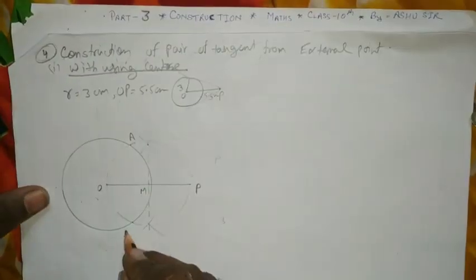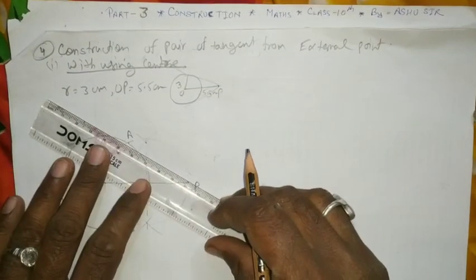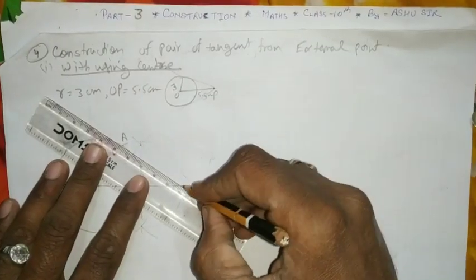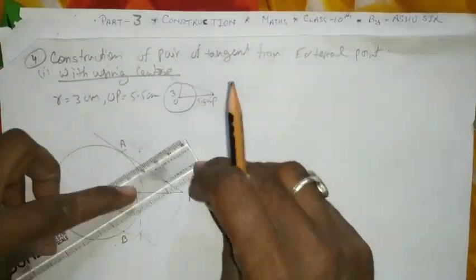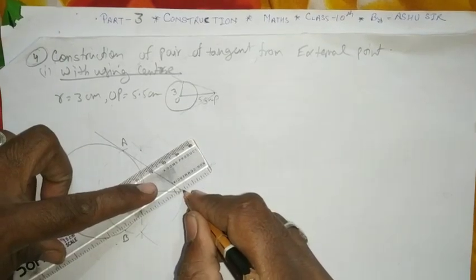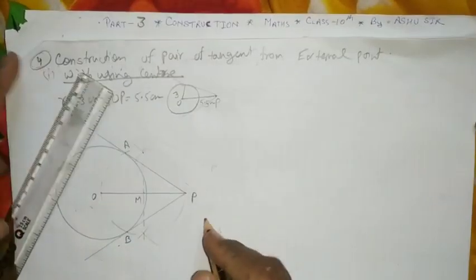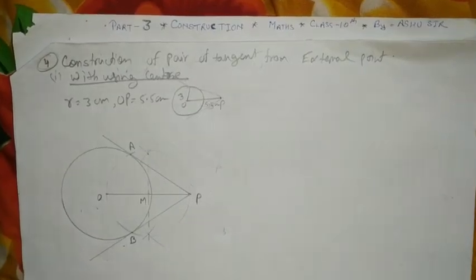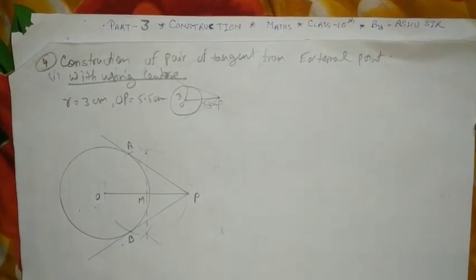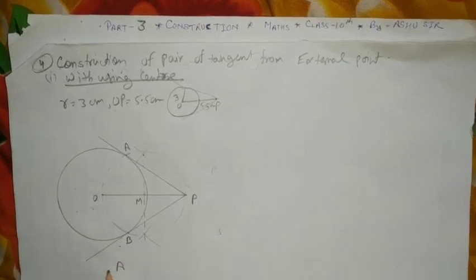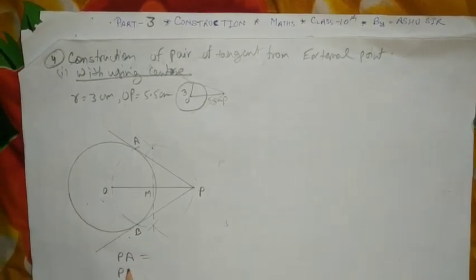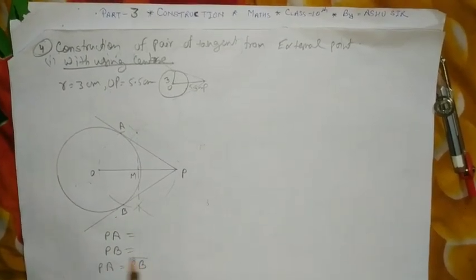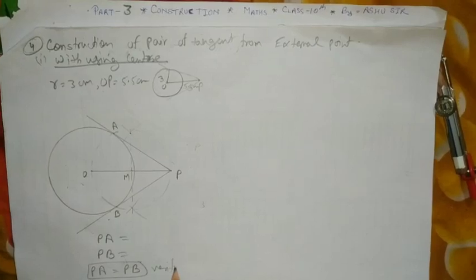This is point A and this is point B. Join PA and PB. These are the required tangents PA and PB. If the question says verify your result, you can measure the length of PA and PB, and always the lengths of these tangents are equal, so verified.